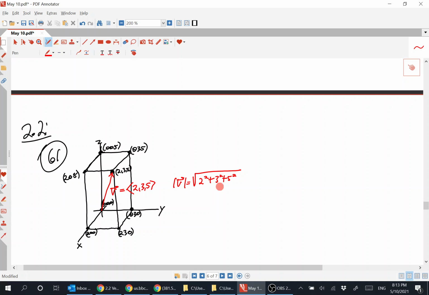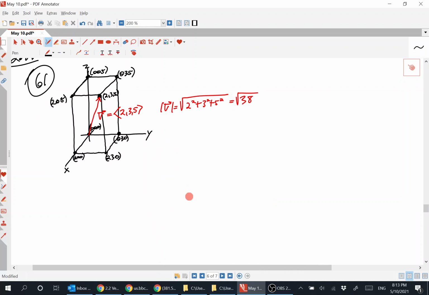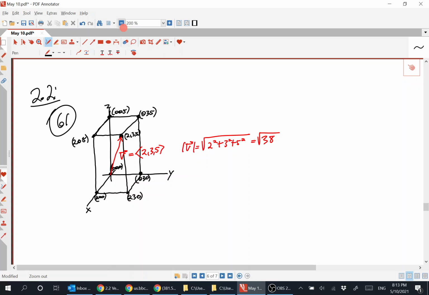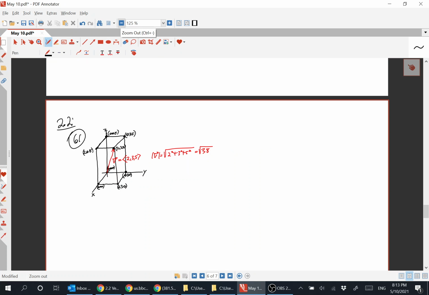So it's the squares of the coordinates added together and then square root. What do you get here? 4 plus 9 is 13 plus 25, so the square root of 38. 38 is 19 times 2, nothing to factor out there.